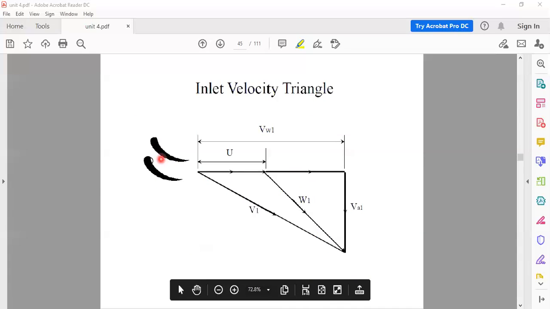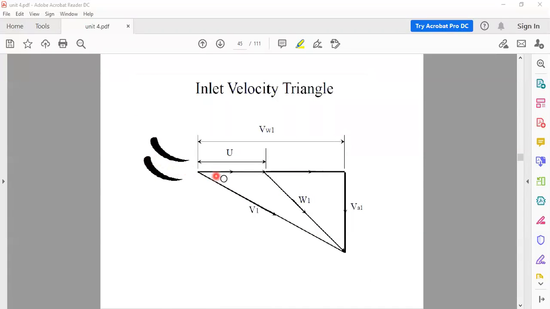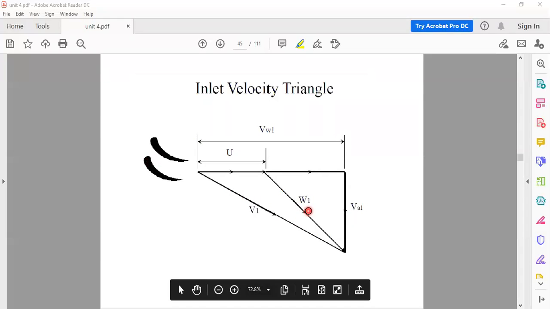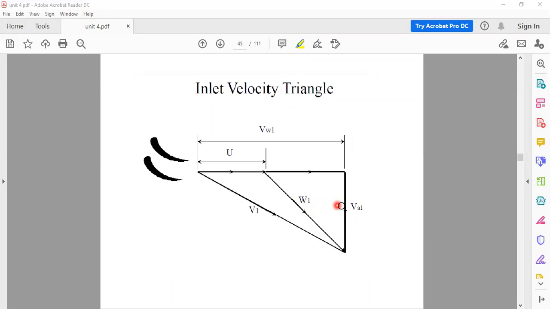See here, this is the inlet velocity triangle, this is the inlet absolute velocity, this is the blade speed at inlet, this is the wheel velocity, this is the relative velocity at inlet, this is the flow velocity at outlet or axial velocity.